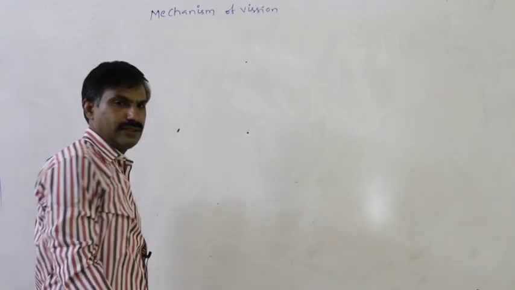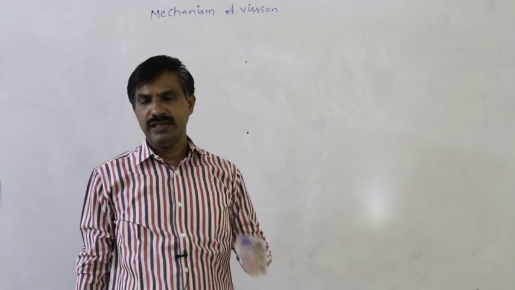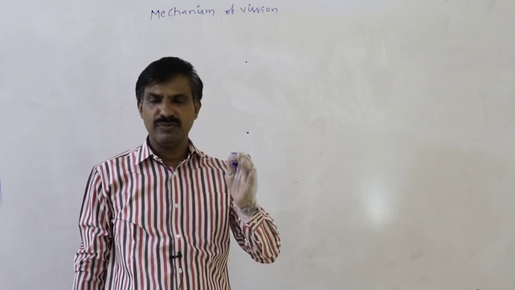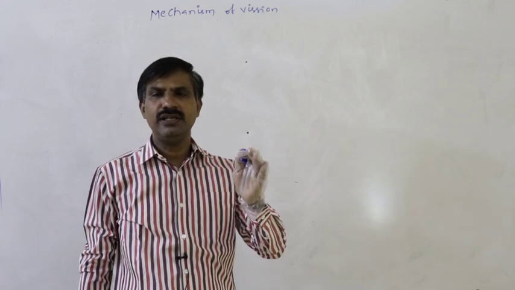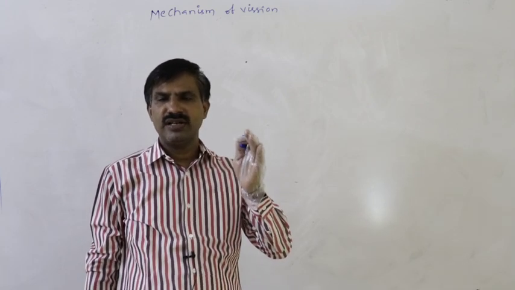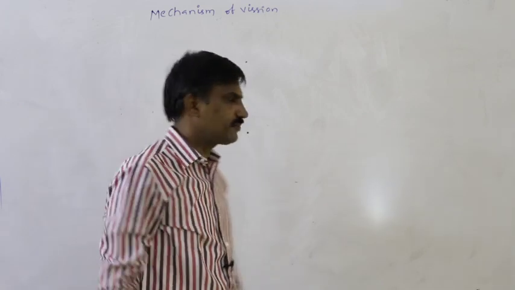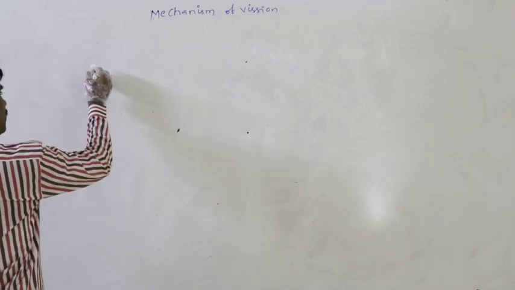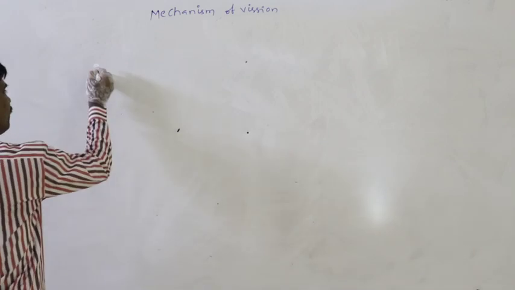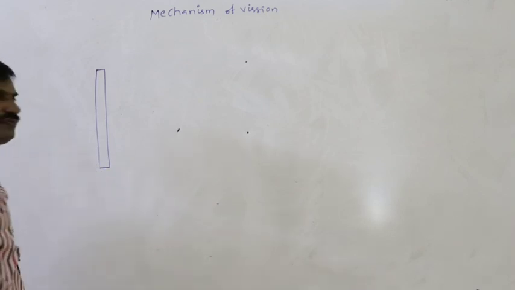Then, how the image formation takes place in the eye, how we are able to identify a particular object, what is the mechanism involved in viewing the object. Just assume this is the visible field.